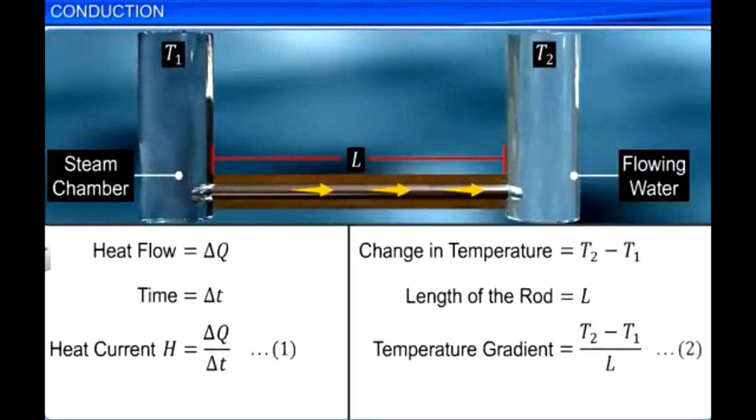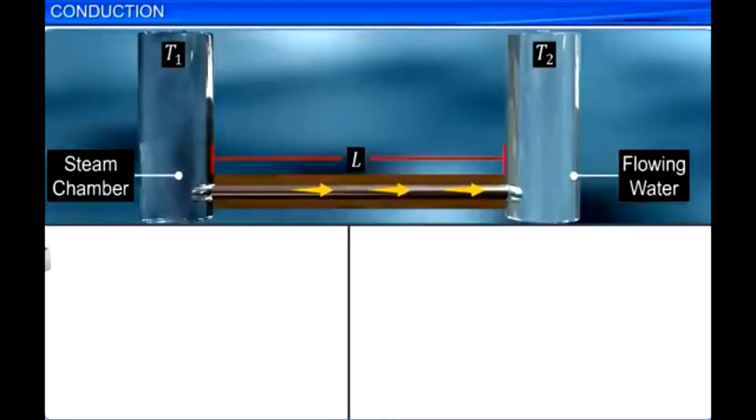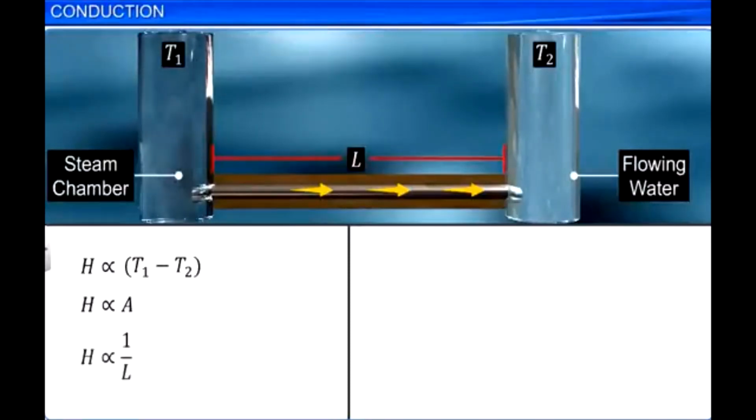It is experimentally found that in a steady state, heat current H is directly proportional to the temperature difference between the two ends and the cross-sectional area of the rod. It is also found that H is inversely proportional to the length of the rod.